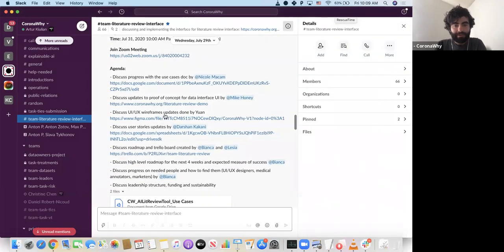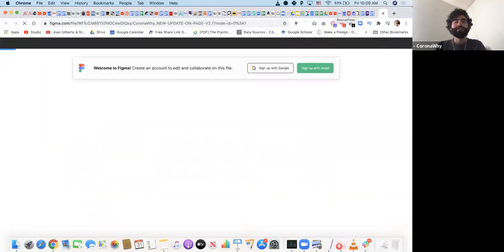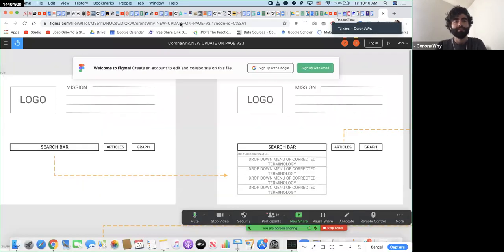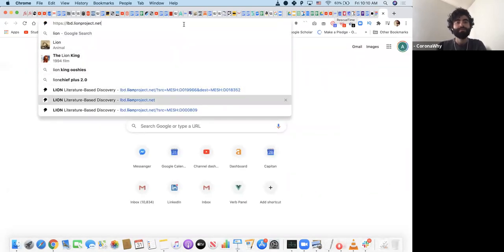Let me open the current UI UX wireframes that Yuan created. Assume that when the person types in heart rhythm problems or something like that, we would showcase a thing from the actual ontologies, actual vocabularies, the dictionaries of different things. I assume we can reuse the same ontology that Lion Project uses.